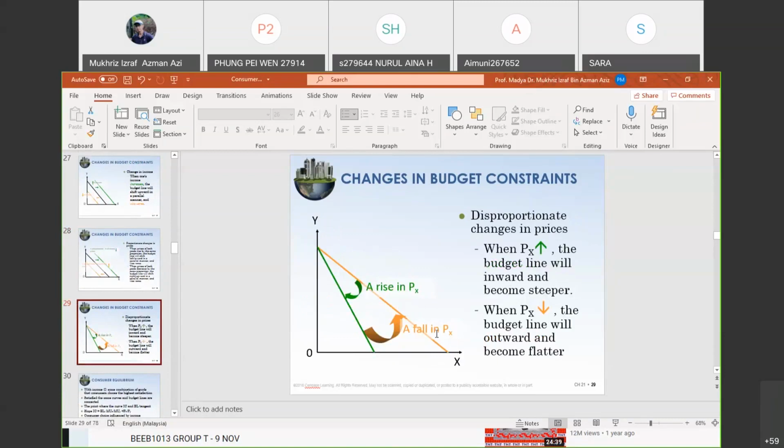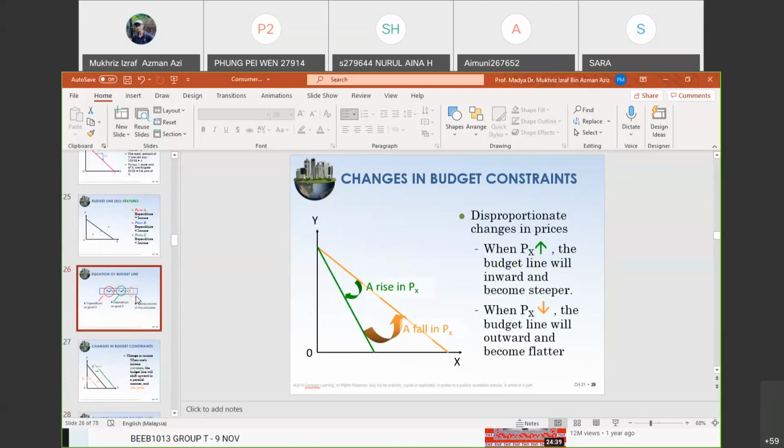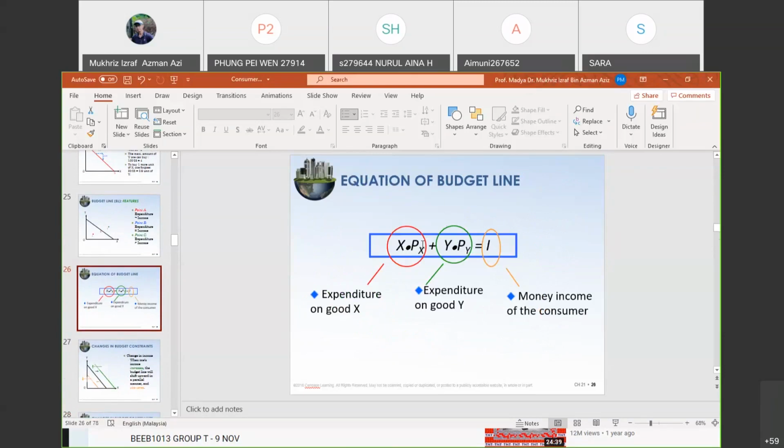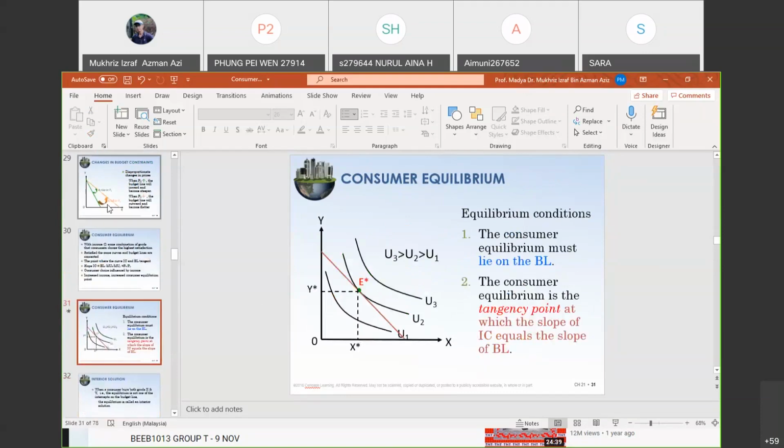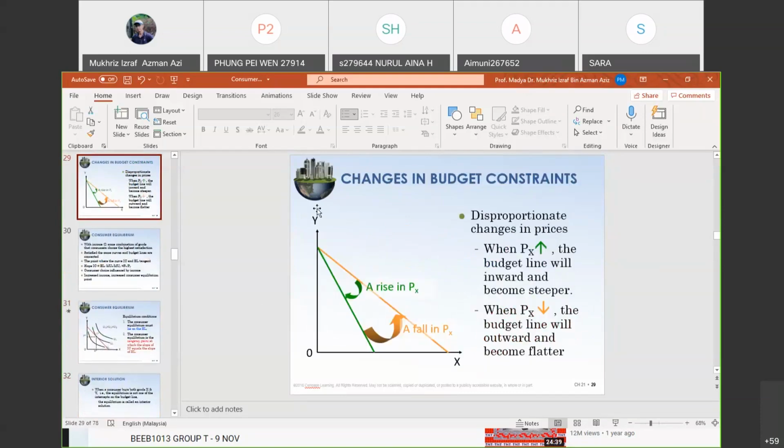I think this is also easy to understand, because when you talk about the graph itself, remember that the function of your budget line is subject to the price of X and price of Y. So if the income changes, the budget line will shift parallel to the right or to the left. But if the one that changes is only the price of X or price of Y, you can see clearly that a fall in the price of X will make X become cheaper.